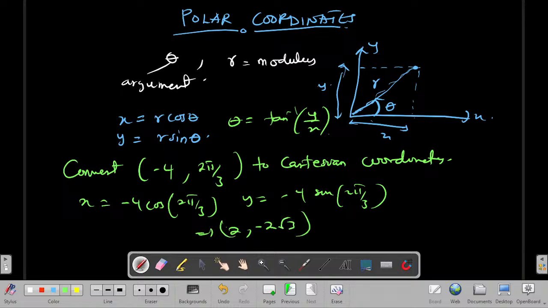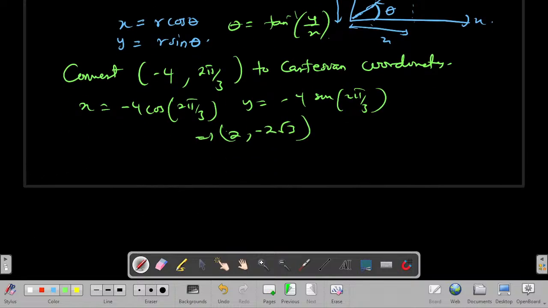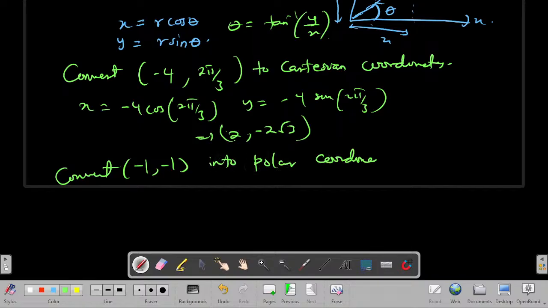That's all. Then let's do another one the other way. So convert (-1, -1) into polar coordinates. What do we do? Remember the same thing. Our r is equal to the square root of x squared plus y squared. Remember that from algebra, and theta is tan inverse of y on x.